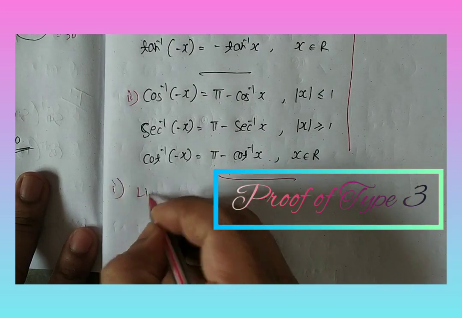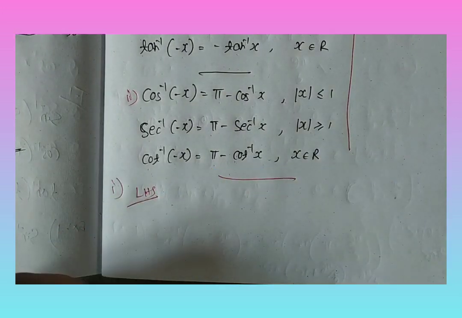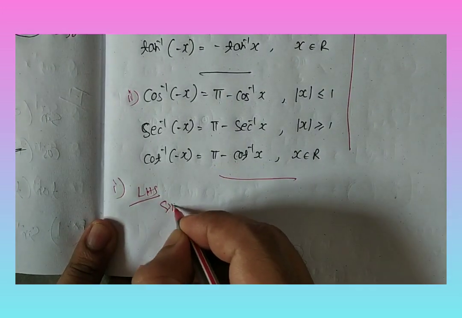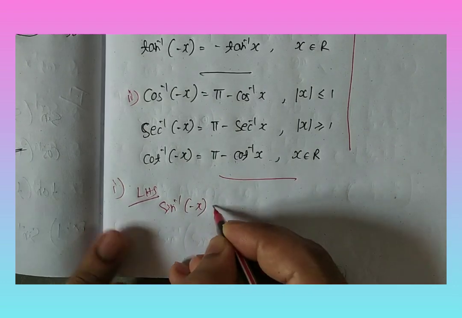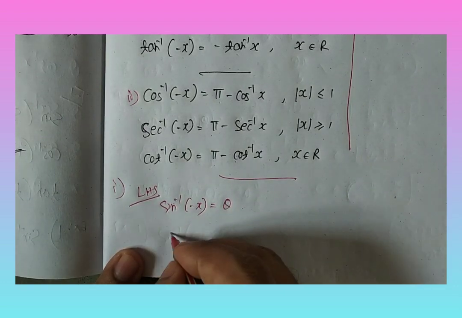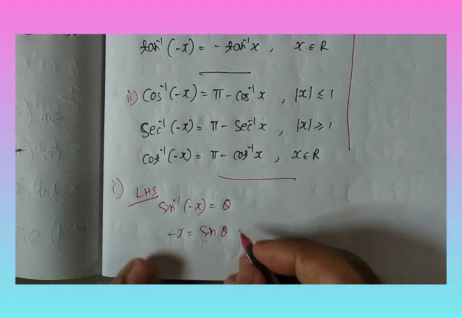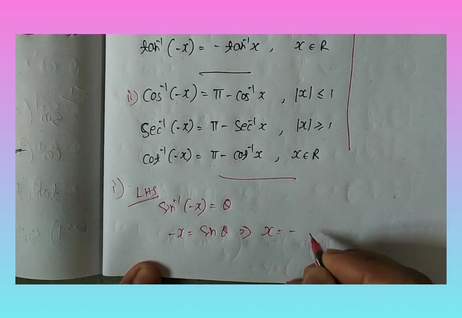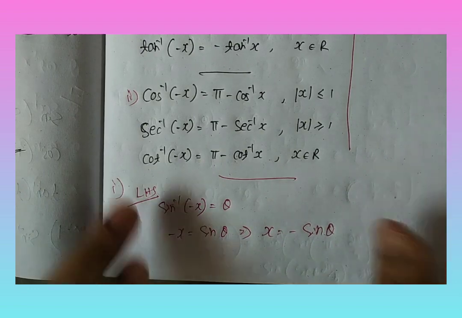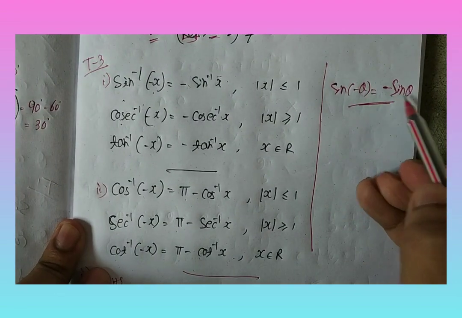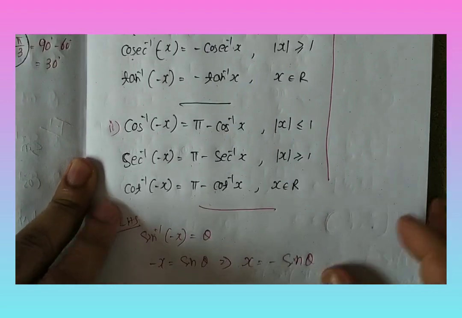Left hand side, sine inverse minus x. Let this be equal to theta, and minus x equal to sine theta. Or you can write x equal to minus sine theta. We know that minus sine theta is equal to sine of minus theta.